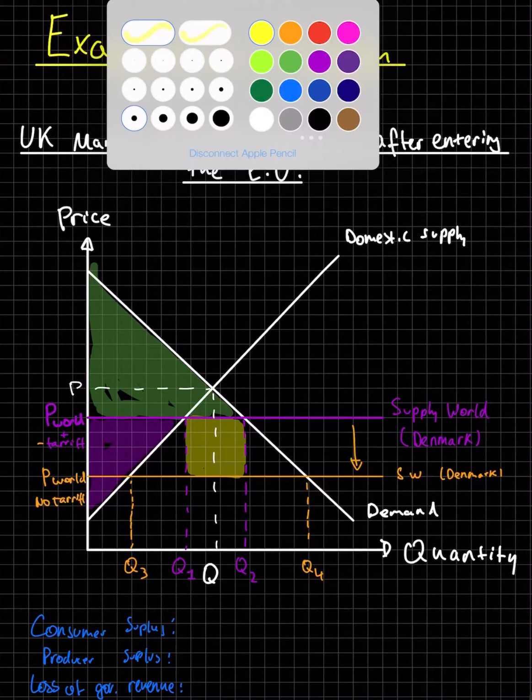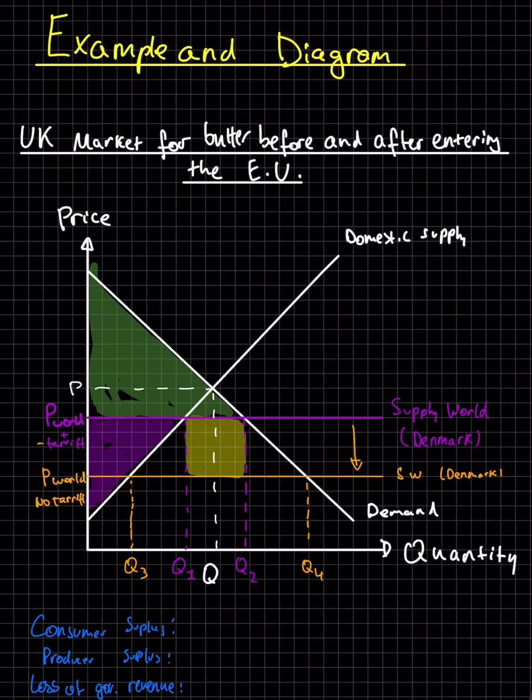However, we see that after the UK entered the EU, since the tariff went down, the consumer surplus expanded massively. So in fact, and I'm going to draw it in blue, this whole area here, I hope you can see the colors properly, even though they're super late, becomes part of the consumer surplus.